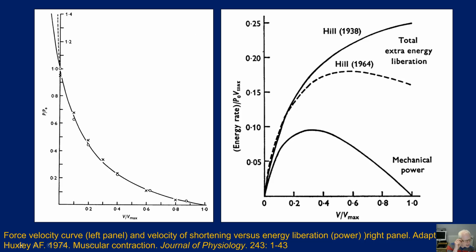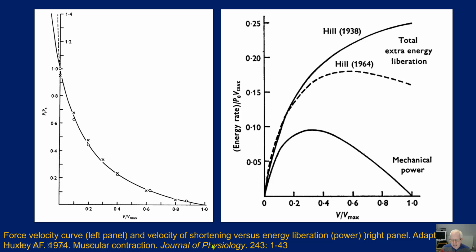As the velocity of shortening increases, the amount of force being produced decreases. You get this lovely exponential relationship, until you get a really high velocity of shortening occurring with almost no resistance being applied.